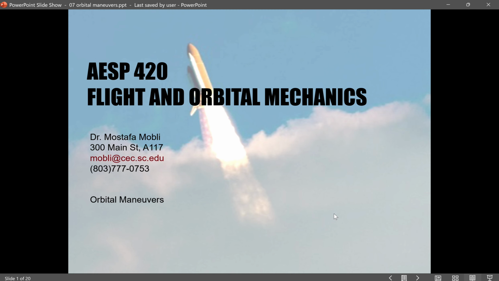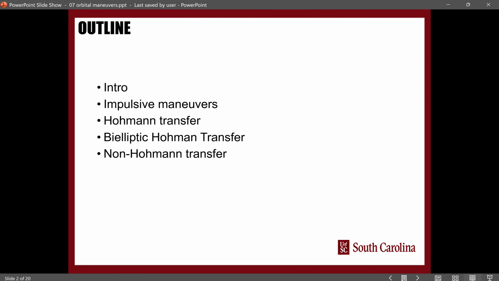We're going to talk about orbital maneuvers, and we're essentially going to talk about how to transfer an orbit. That's the idea. Interplanetary flight. We'll have a little bit of introduction, then we're going to move on to talk about impulsive maneuvers, and then Hohmann transfers, bi-elliptic Hohmann transfers, and non-Hohmann transfers if we have time.